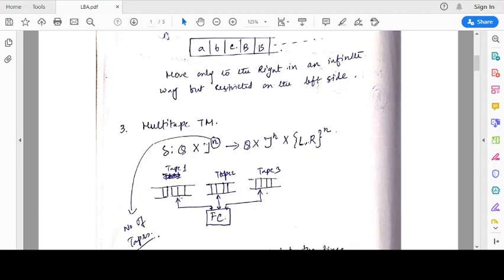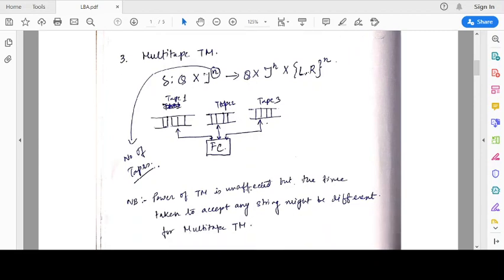Again, the tape symbol in each of the tapes will get modified if required, and L comma R to the power n. That is, the read write head will move either towards the left or towards the right in all these tapes. Therefore, we have again written to the power n. So whatever is happening over here is happening in a power of n, where n is your number of tapes, since this is a multi-tape Turing machine. Okay.